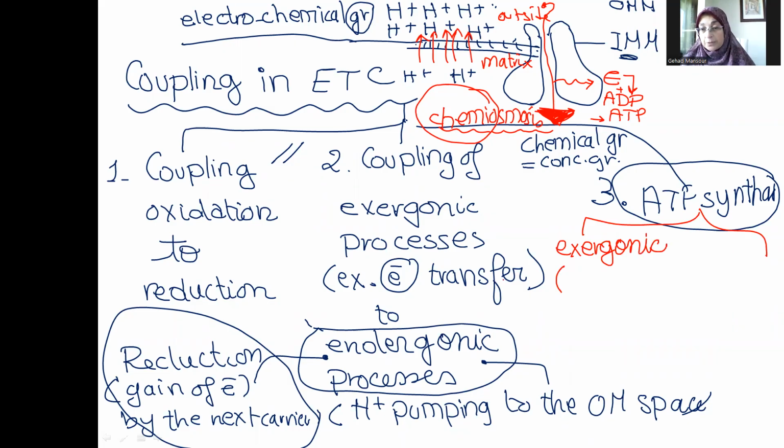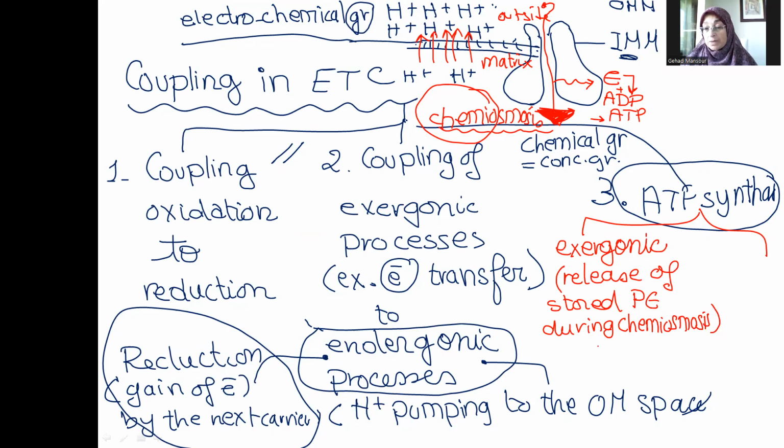It is the release of the stored potential energy, which is chemical energy, during chemiosmosis, and we coupled this exergonic process with the endergonic process, which was the formation of ATP.